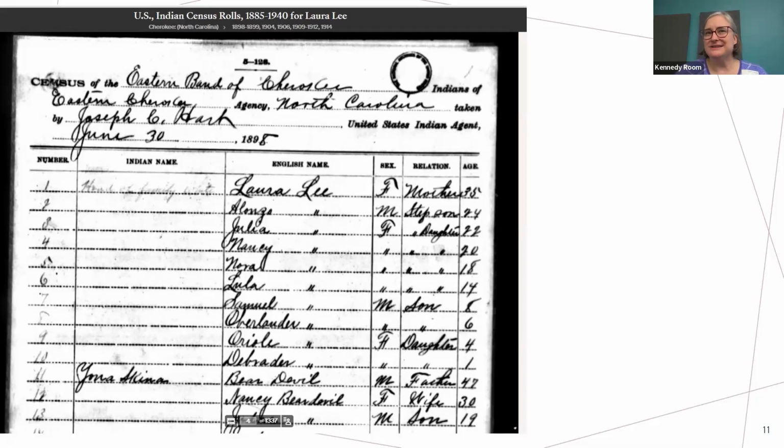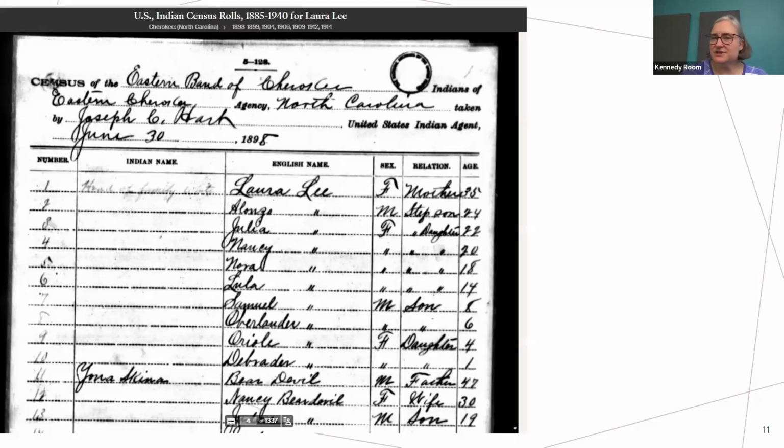So he wasn't on the census because he wasn't native. And so good to know. But Laura Lee had children, and Alonzo, etc. And some of them are stepsons and stepdaughters. And then there are sons and daughters.